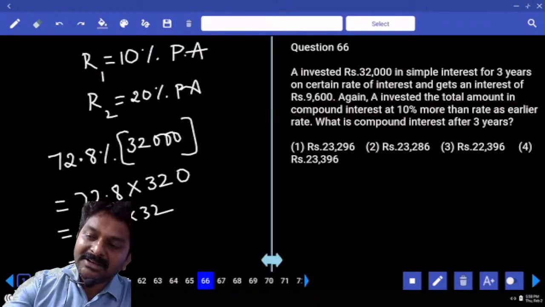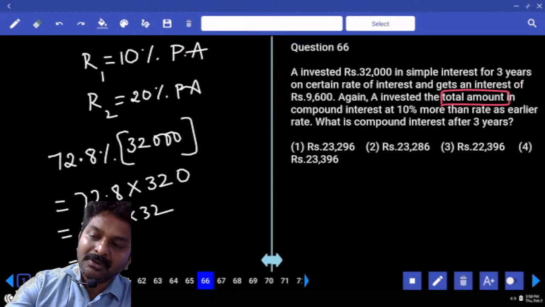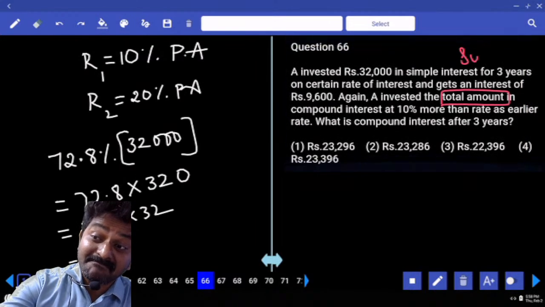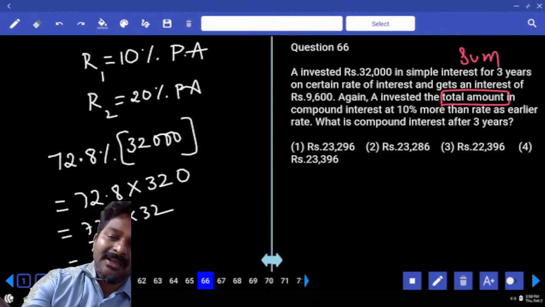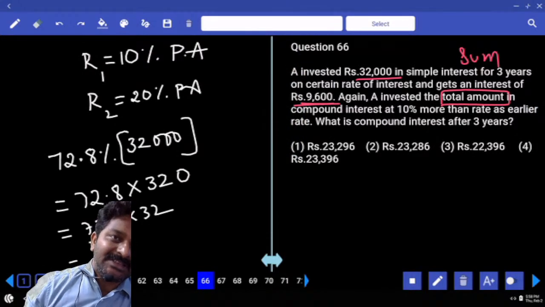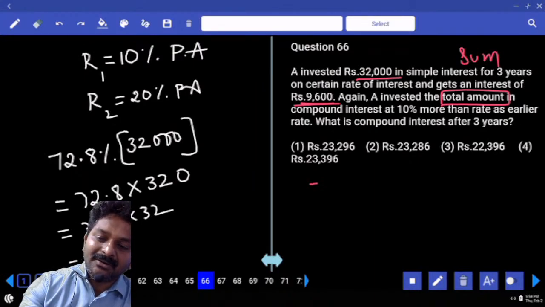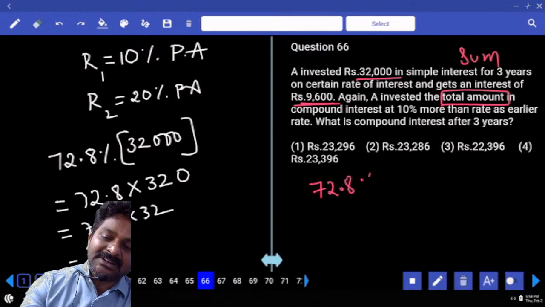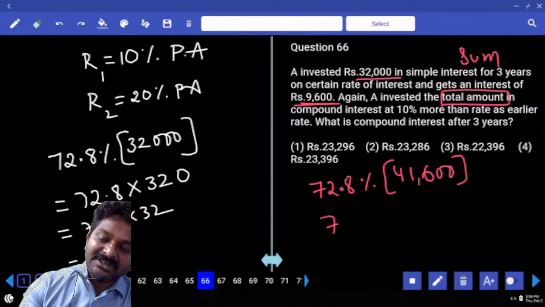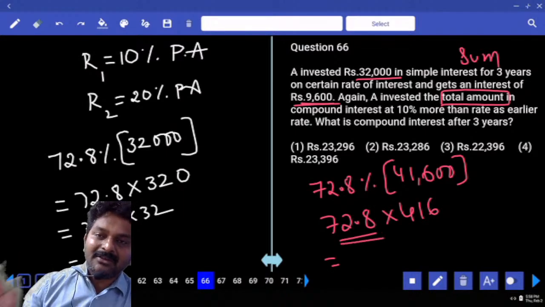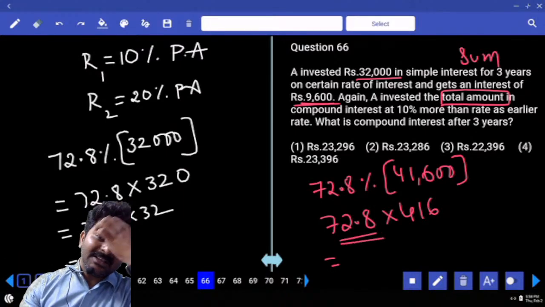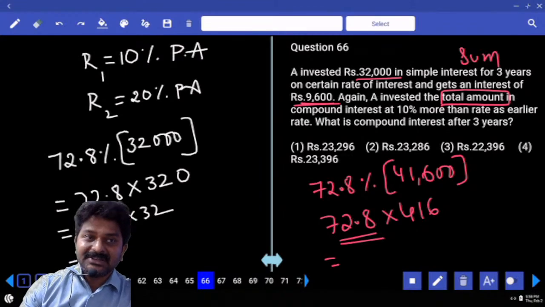Here actually it should not say total amount. It should say A invested the sum. Amount means already the principal 32,000 is there and the interest has also come. So amount means principal plus interest. But if we did it that way, 72.8% calculated on 41,600, which is 72.8 into 1% value, which is 416. We have a decimal value. You cannot cancel that. So you'll get a decimal. So I got doubt. So I changed it to principal.